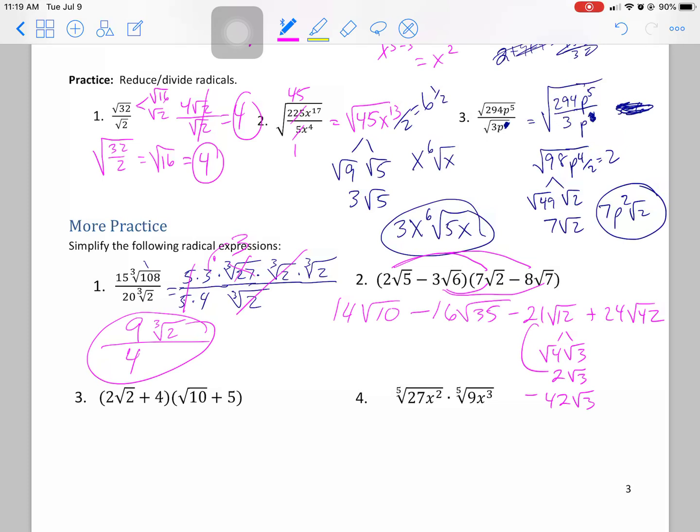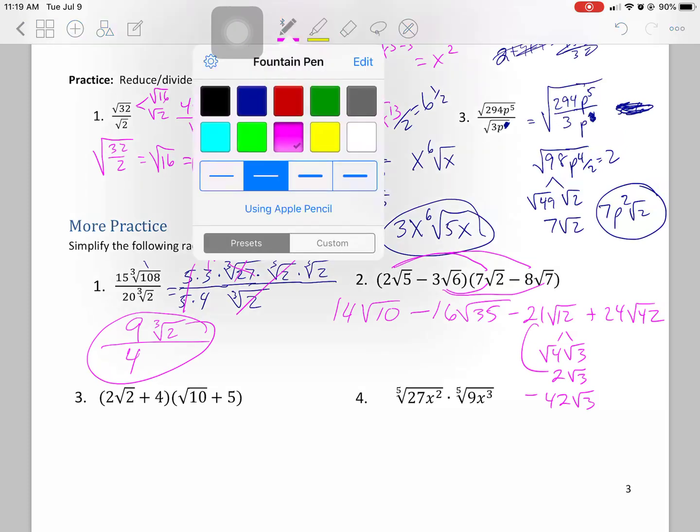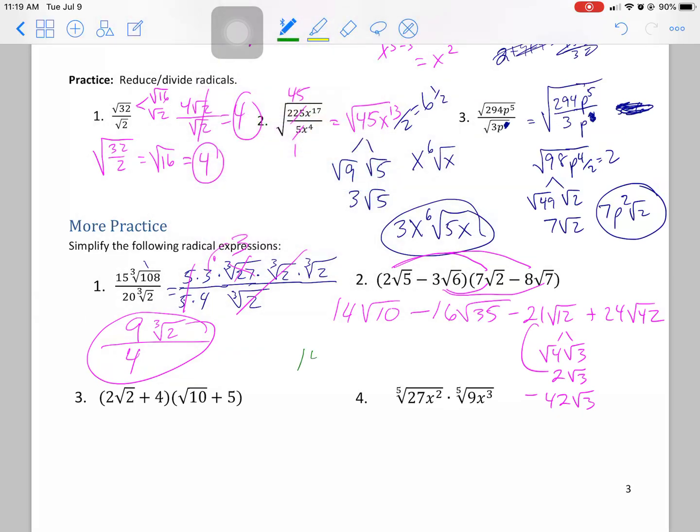So that would be my final answer. I don't even have room to write that guy. 14 square root of 10 minus 16 square root of 35. None of those can be simplified, so that would be my final answer on that.